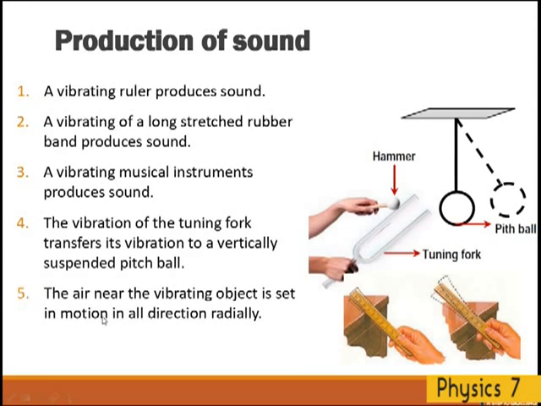And so we've seen that the air near a vibrating object is set in motion in all directions radially. So in this diagram on the right hand side, we have two illustrations of the vibration of a tuning fork and also the vibration due to a ruler. And these are examples of the production of sound.